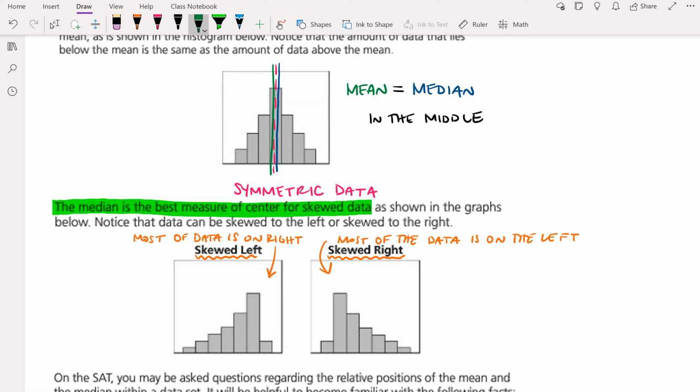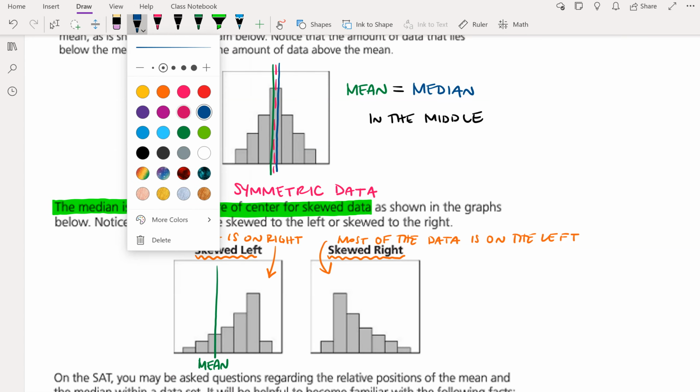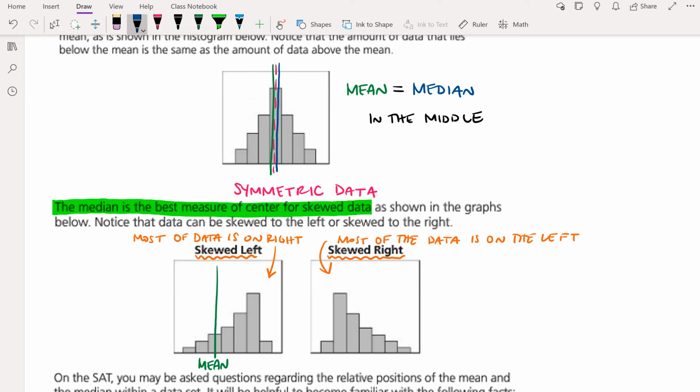On data that's skewed left, the mean is going to be a little bit to the left. So maybe here would be the mean. And then the median is actually going to be closer to where all the data is, where the tall bars are.